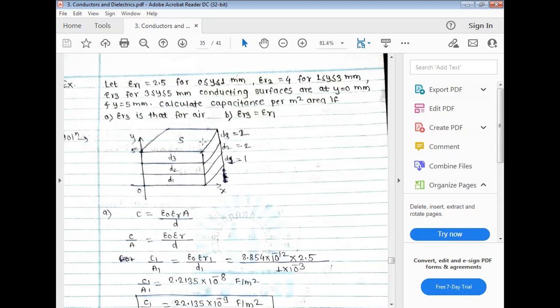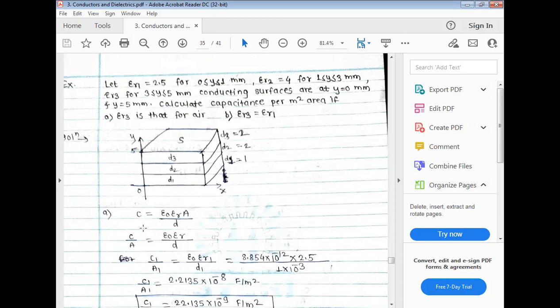Then just tell me, what is the value of relative permittivity for air? Okay, it is equal to 1 for air. Remember, for air, it is equal to 1.